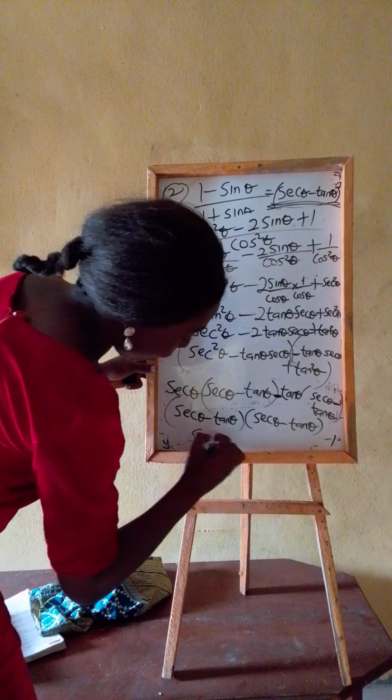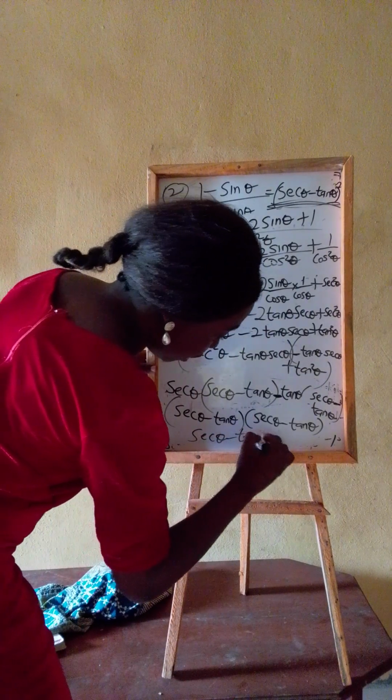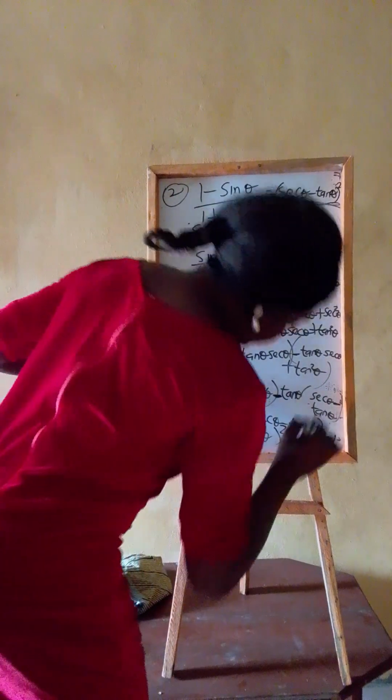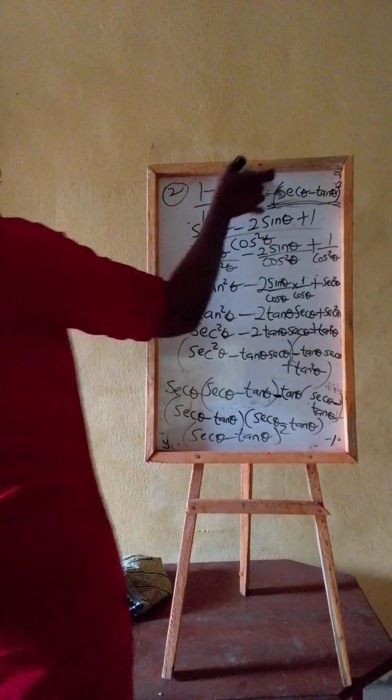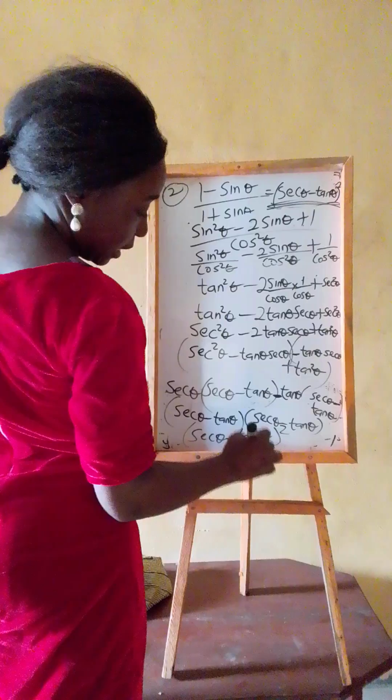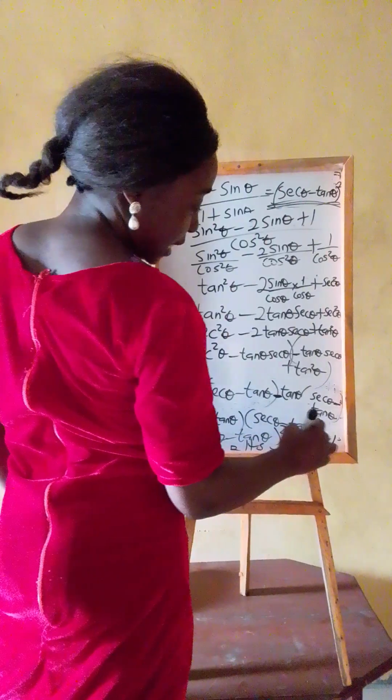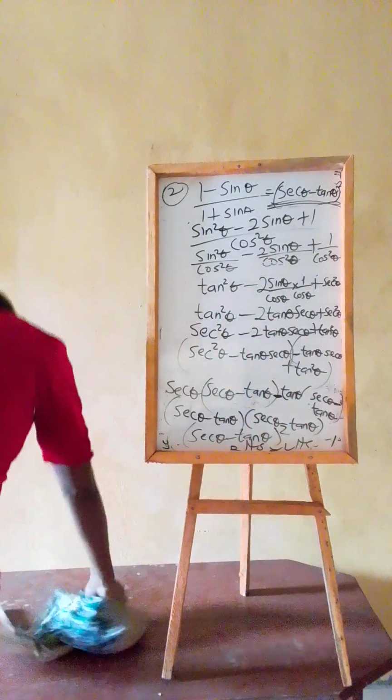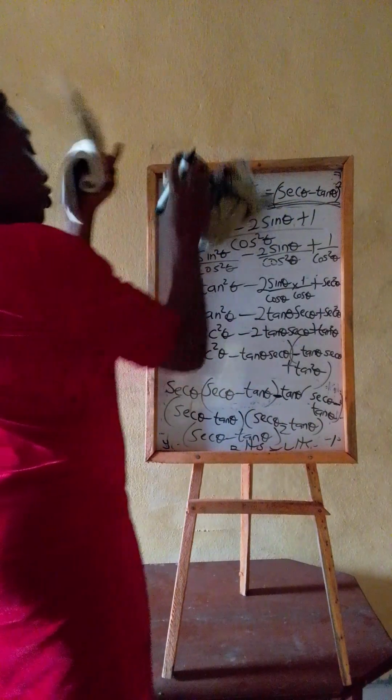They are common, so we end up having sec theta minus tan theta squared. It has been proved. So the right hand side equals the left hand side.